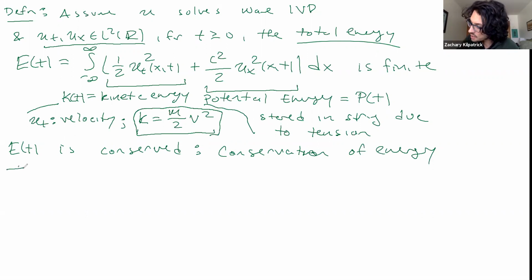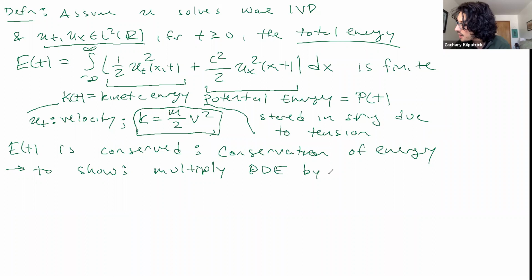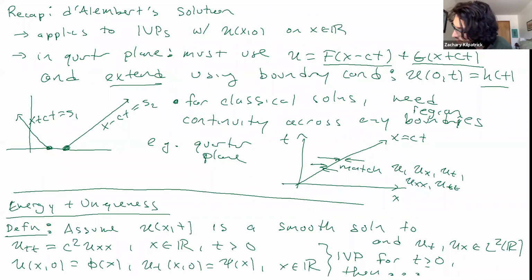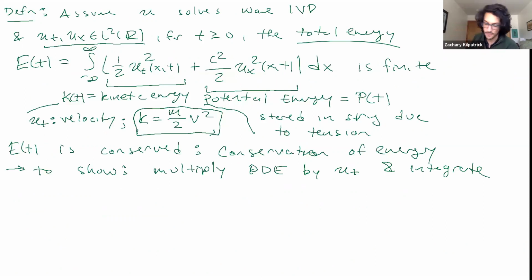So essentially, to show this, all I need to do is multiply the PDE that I started with by u_t and integrate, okay? So what PDE did I start with? I'll just very quickly flash back to here. Remember, here's my good old wave equation, okay?